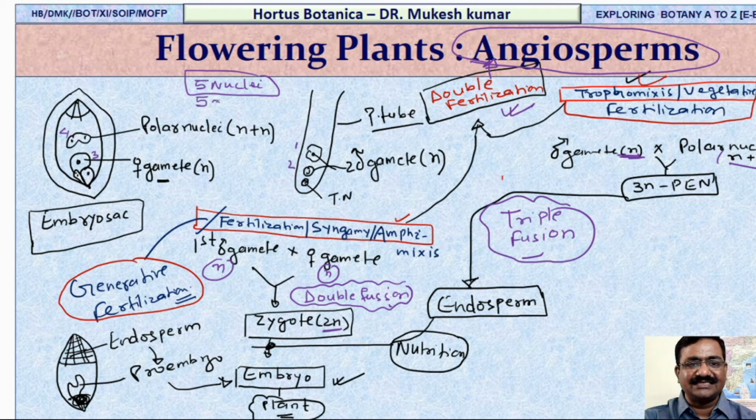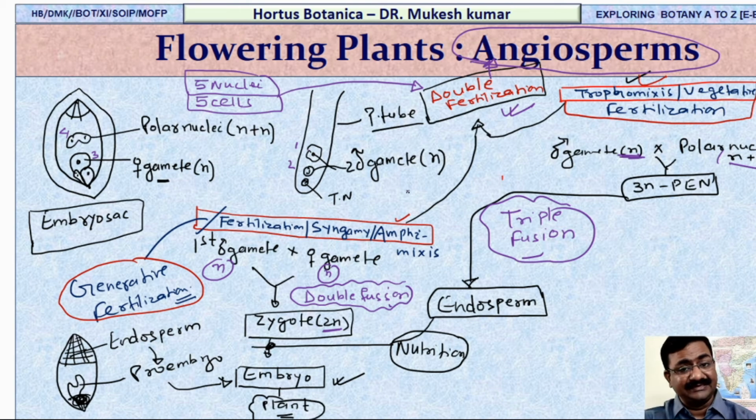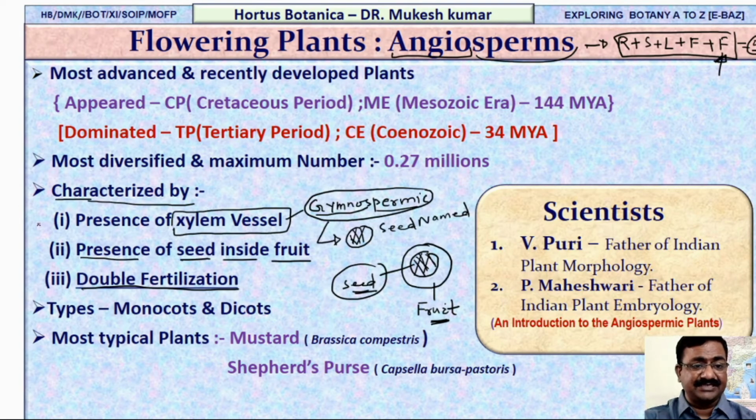So 4 cells are involved in double fertilization. So the question may come: how many nuclei or how many cells are involved in double fertilization, which is the characteristic feature of angiospermic plants? So I think we have got all the detailed idea about the angiospermic plant characteristics, the 3 important characteristics: first, the presence of xylem vessels; second, presence of seed inside the fruit; third, double fertilization, right?